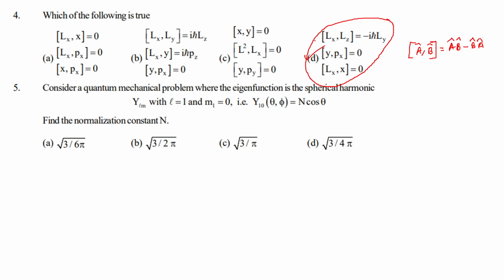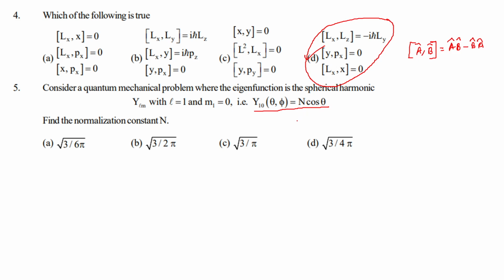Consider a quantum mechanical problem where the eigenfunction is a spherical harmonic, given with L equal to 1 and ML equal to 0. Okay, that means here this is given. So N cos theta is your wave function.